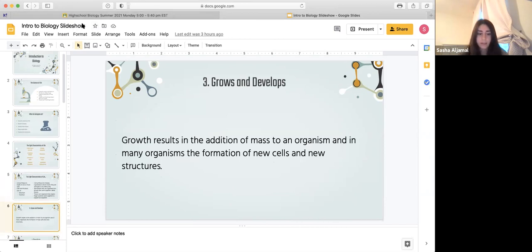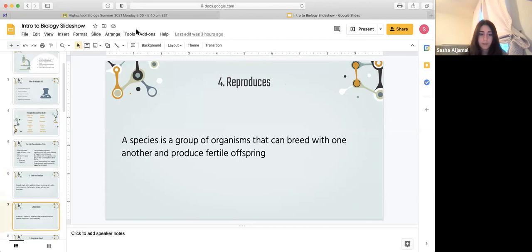Okay, so the third one is grows and develops. Growth results in the addition of mass to an organism, and in many organisms, the formation of new cells and new structures. And then the fourth one, reproduces.